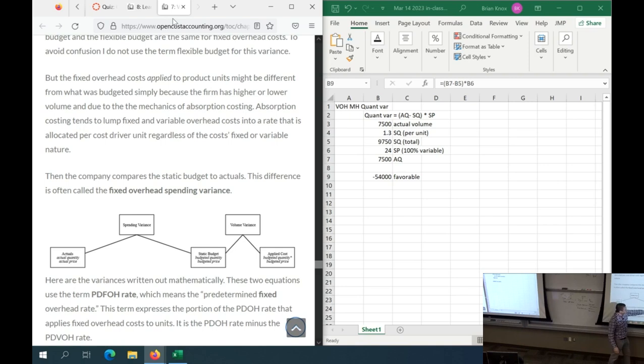All right, so the point is that this right here is reflecting a bit of that same idea. And it goes like this. The applied cost is budgeted quantity asterisk. Let me see if I can say it just how it says in the book.